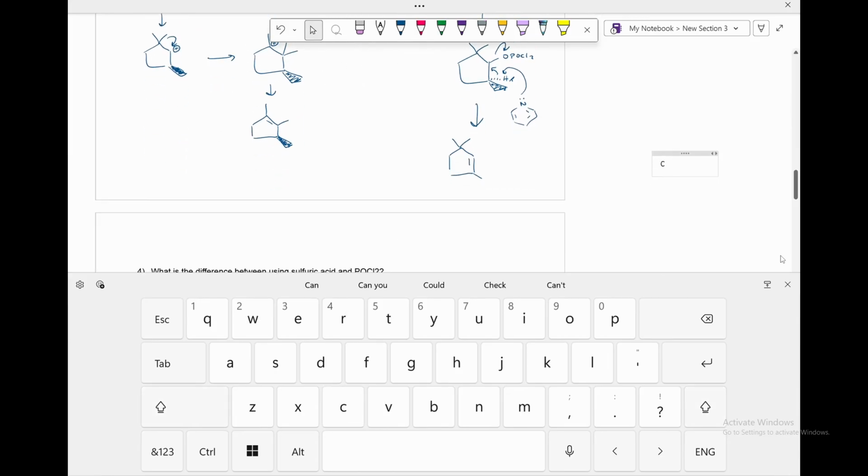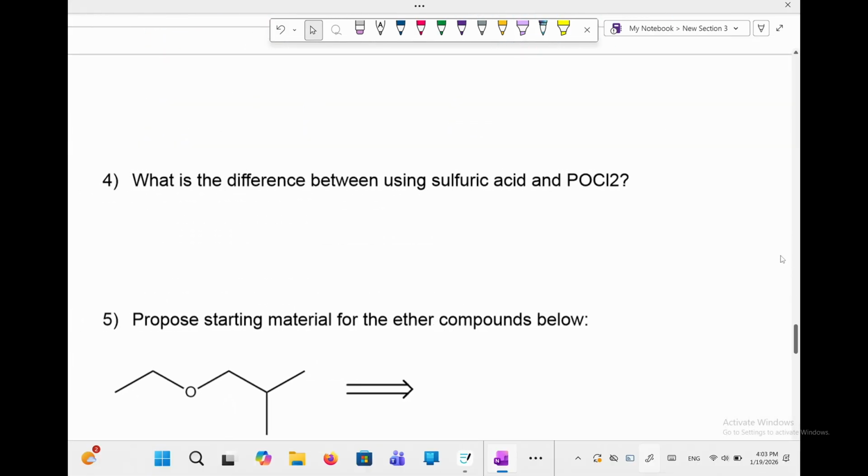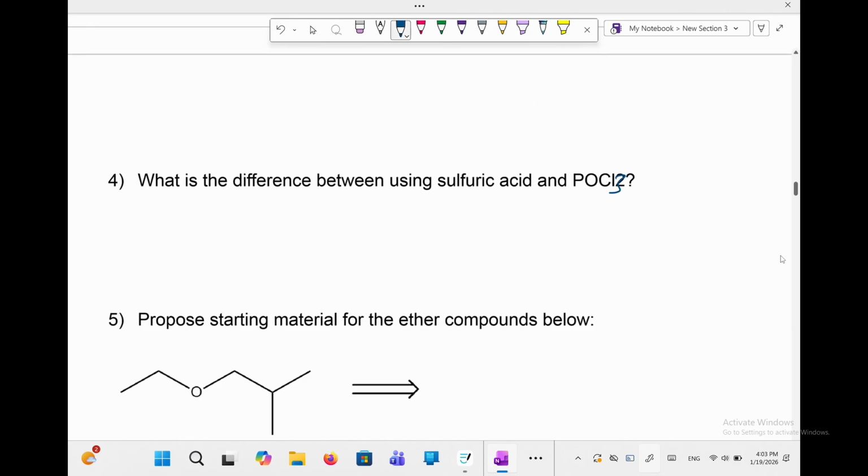So really, the difference between using sulfuric acid and POCl3 is that sulfuric acid goes through E1, but this goes through E2.